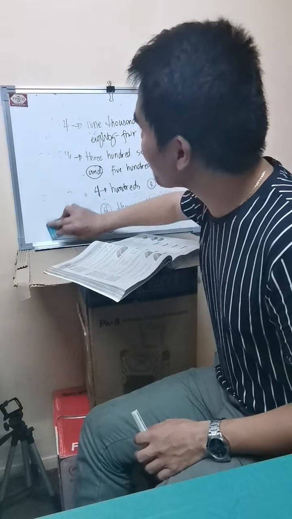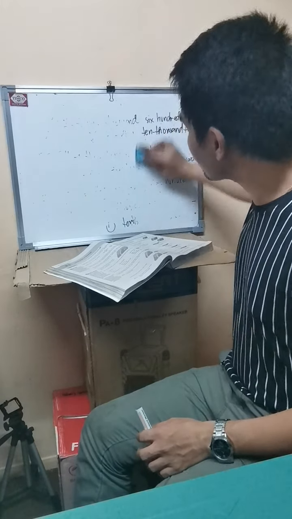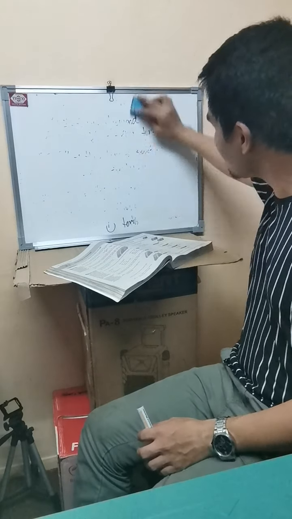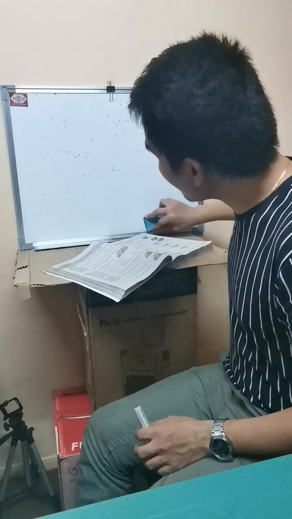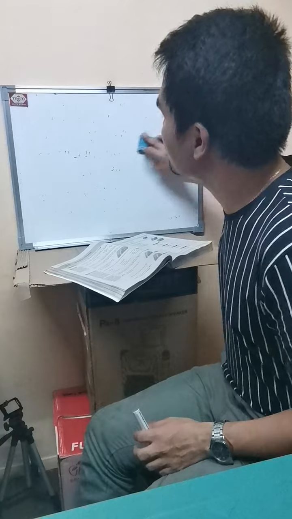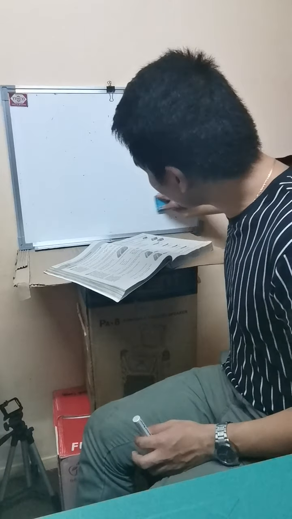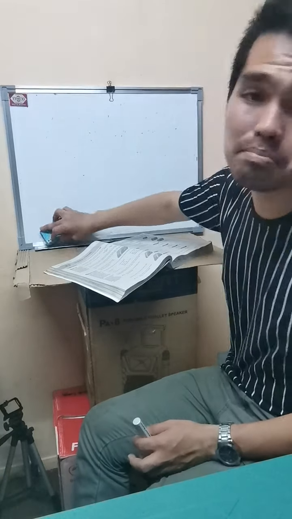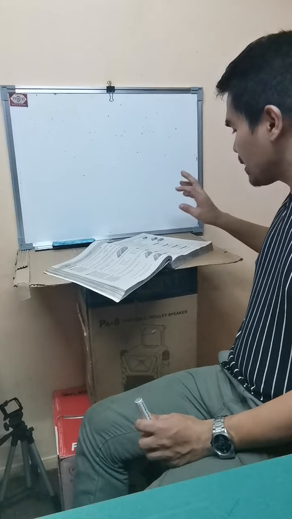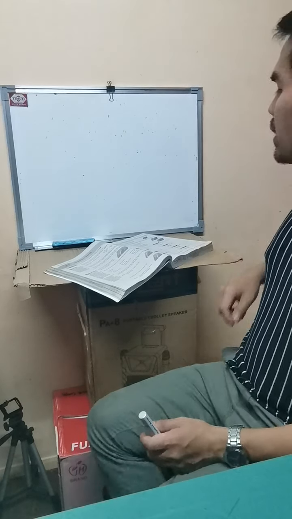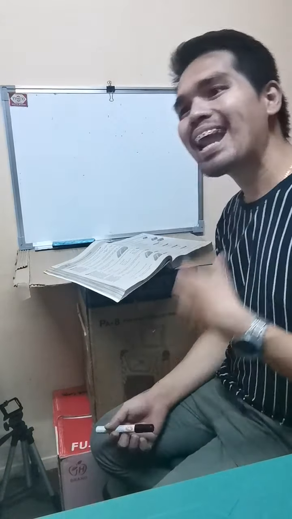Identifying the places of value in a decimal notation matches with writing the equivalent word for any decimal notation. Now, this time, we're going to practice with writing.